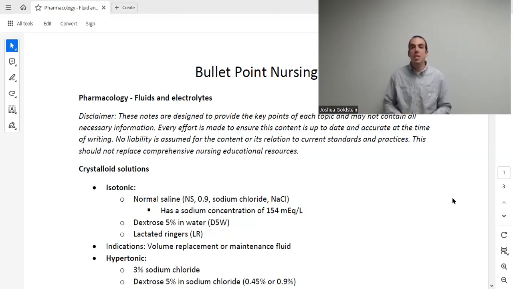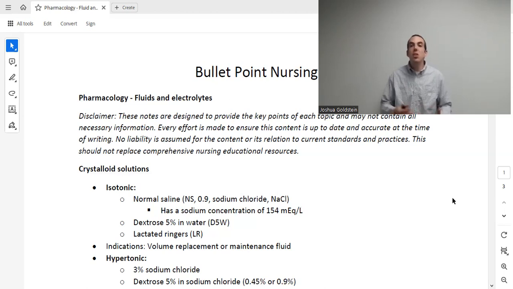Anytime we are administering a patient fluid, we have to assess the patient's volume status prior to, during, and after intervention. So how would we assess the patient's fluid status prior to administering fluids? Well, there's a few different ways to do that. One of them would be checking their mucous membranes to see if they're dry or moist, checking their skin turgor, checking their blood pressure.